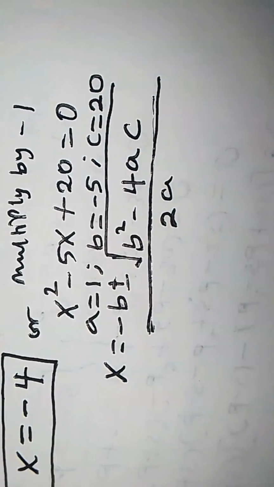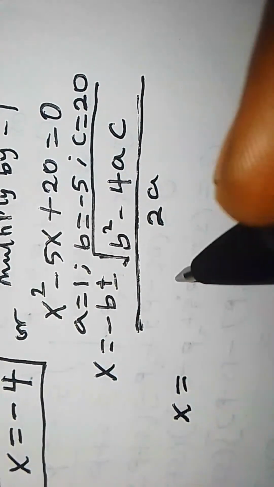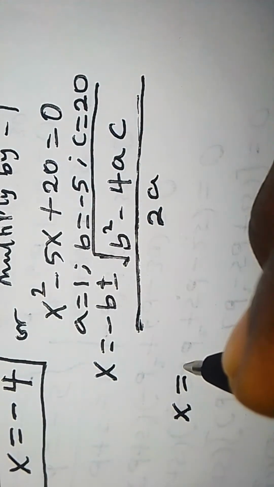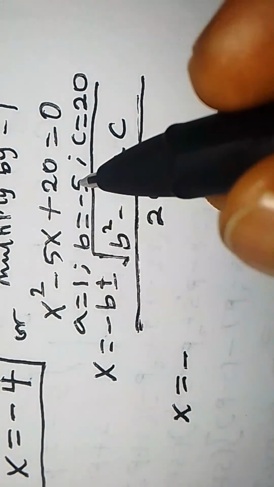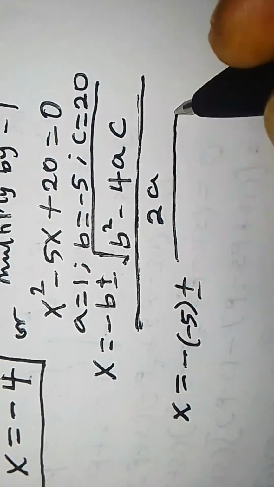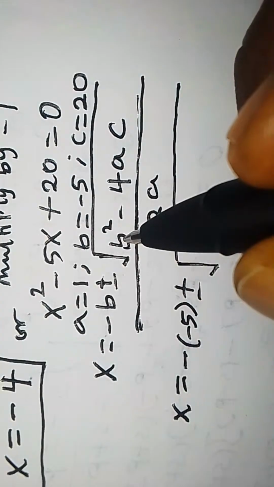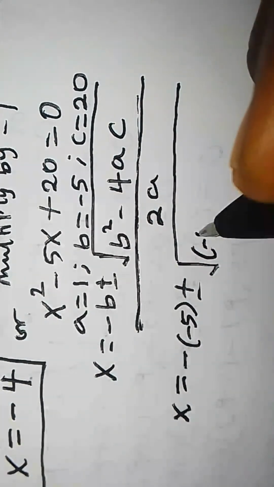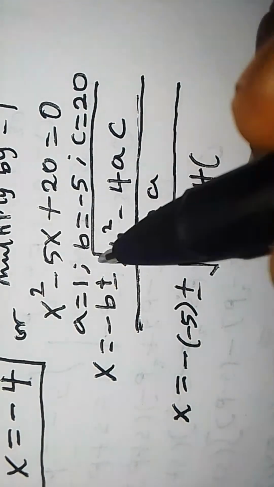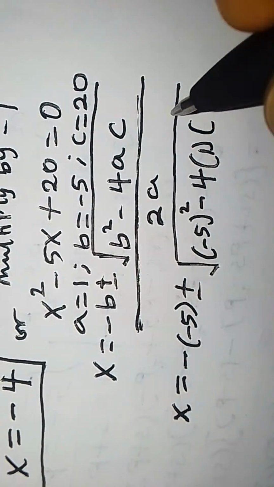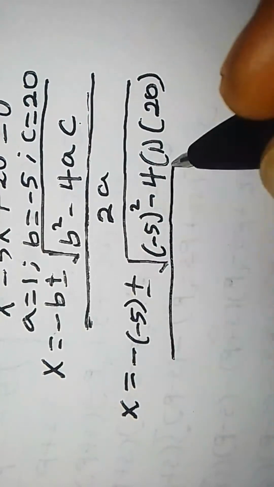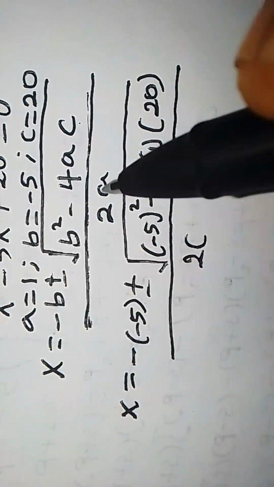Let's proceed further. What we have to do now is to substitute all these values into the right hand side. Minus, what is b? B is minus 5, minus 5 plus or minus square root of b square, that will be minus 5 all squared minus 4 into a is 1, into c is 20, all divided by 2 into, what is a?